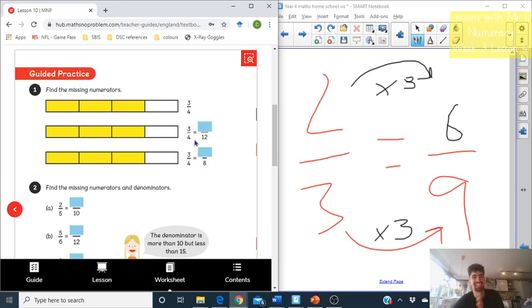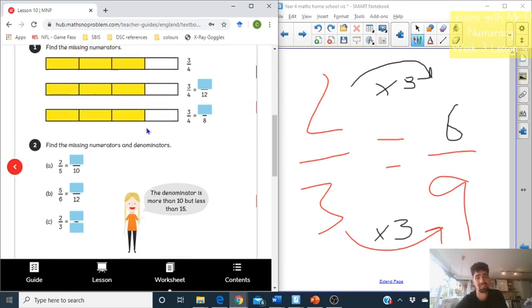Like I said, that link is very similar to knowing your division facts and times tables facts really well. If I've got 4 parts, but I actually want to see that in 12 parts, each part has to be split into 3, because 4 times 3 is 12.